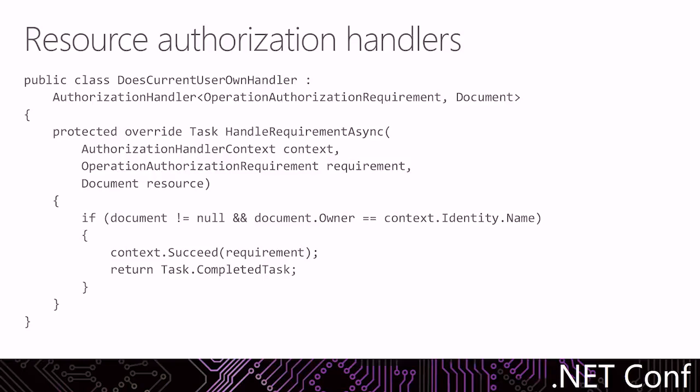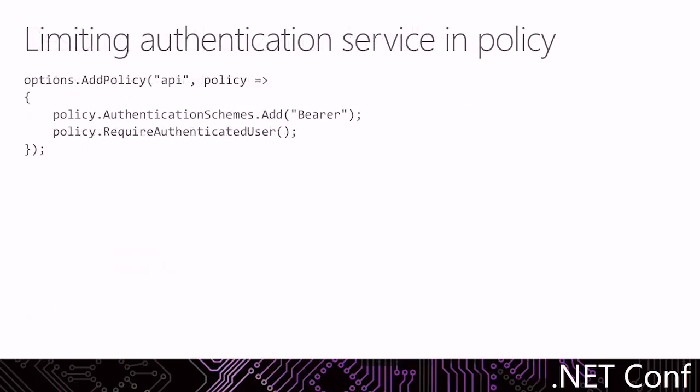It looks exactly the same as a non-resource authorization handler, except there's an extra parameter, which is, surprisingly, the resource. So it gets passed into HandleRequirementAsync, and lo and behold, we can do things on the resource properties, and away it goes. And like before, because you want to limit things by schemes, if you have multiple schemes, you don't have to hard code them within the authorize attribute.